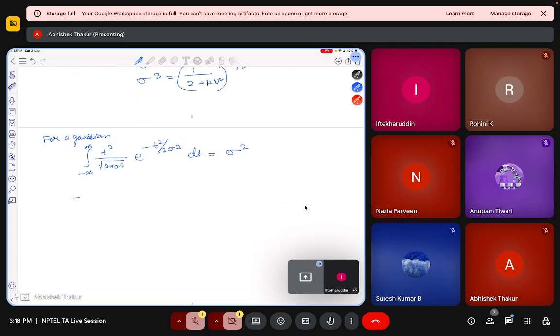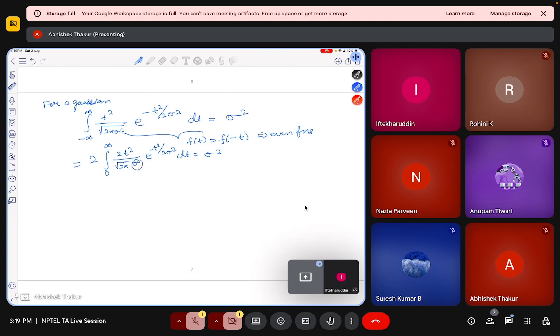Here we can write this as the integral from 0 to infinity, because this is an even function, f of t is equal to f of minus t. So we can write 0 to infinity 2t square over square root of 2 pi sigma e to the power of minus t square by 2 sigma square dt is equal to sigma square.